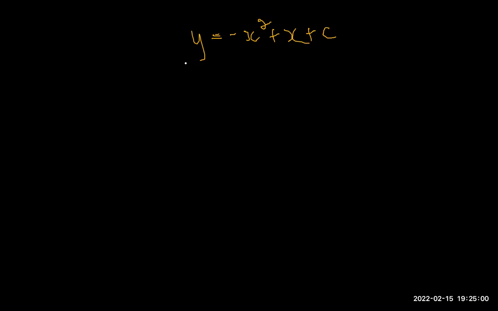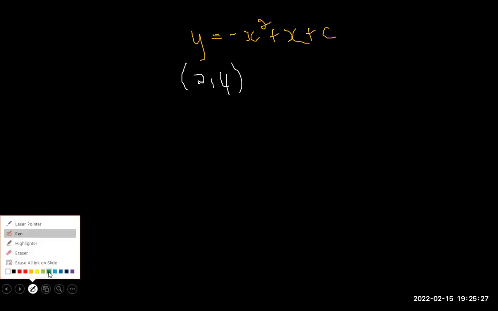So they told you that the point (2, 4) lies on this curve. Whatever this curve looks like, there's a point that lies on the curve, and that point has the coordinates (2, 4). So now that I know a point that lies on the curve, I can substitute these values into my equation to get the value of c.